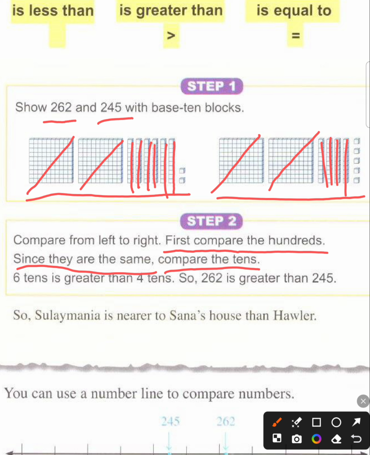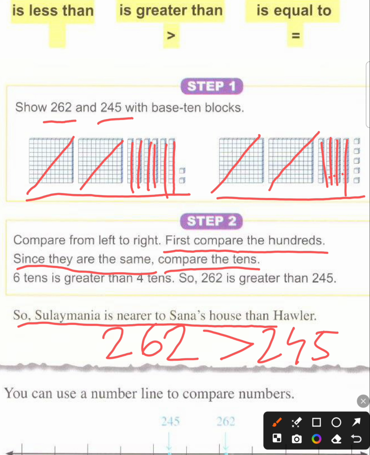It means our result is that 262 is greater than 245. You can see that there are more tens. So the result is Suleymania is nearer to Sana's house than Hawler, okay?